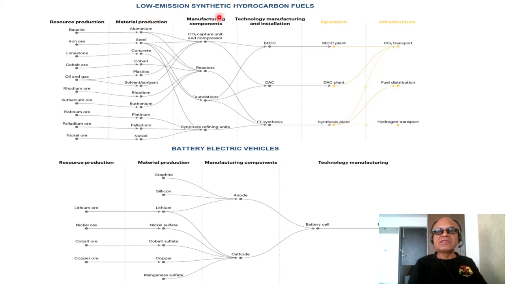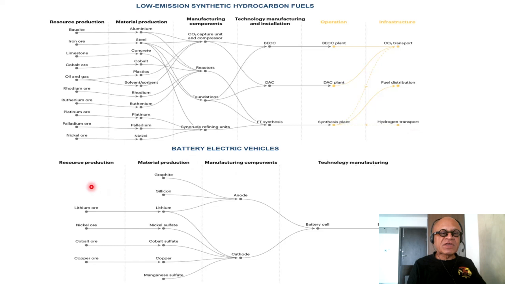Looking at low emission synthetic hydrocarbon fuels, similarly you have various resource production, material production, manufacturing, technology manufacturing, installation, operation, and infrastructure. I won't read everything, but you are talking about bioenergy and carbon capture with CO2 transport, direct air capture with CO2 transport. You have fuel technology synthesis, so synthesis plants, and hydrogen transport.